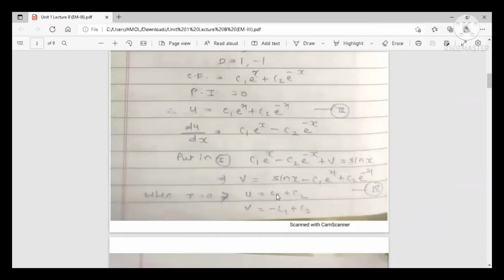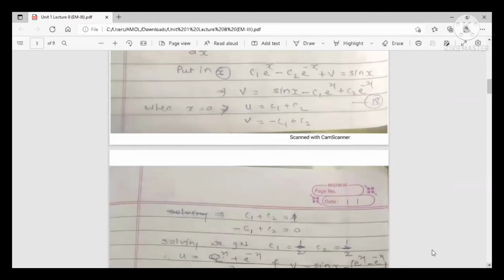So u is equal to c1 plus c2 when x is equal to 0, and the value of u is also 1. So in the next line, u is equal to c1 plus c2, which is nothing but 1, because the value of u is also 1 when x is 0. It is given. And for v, when x is 0, v is also 0.